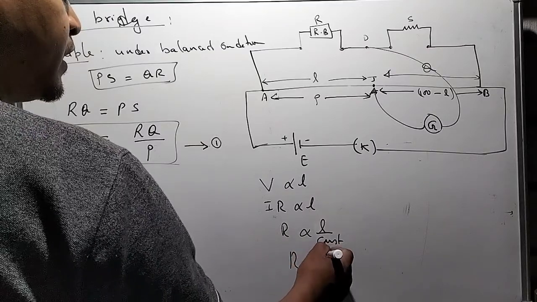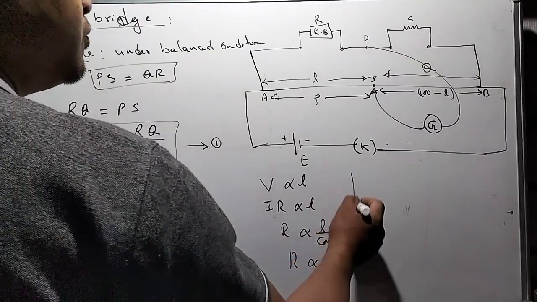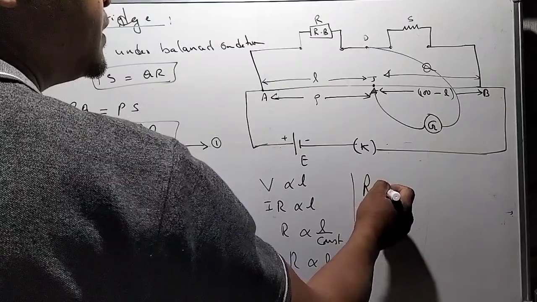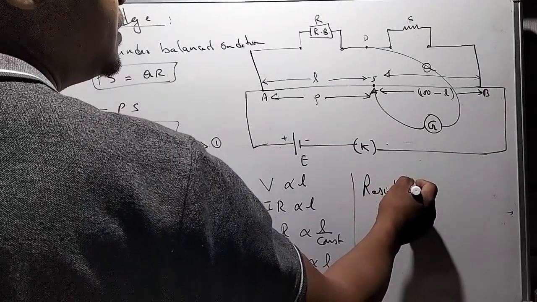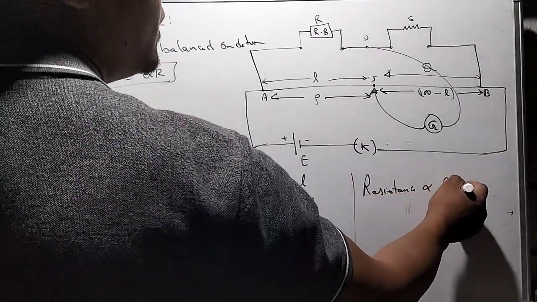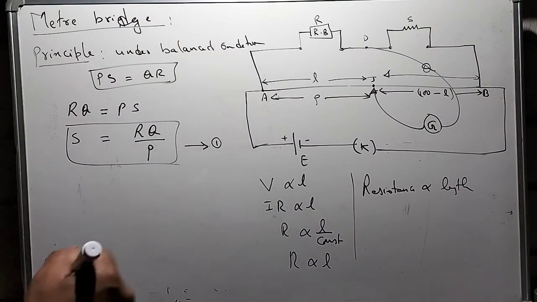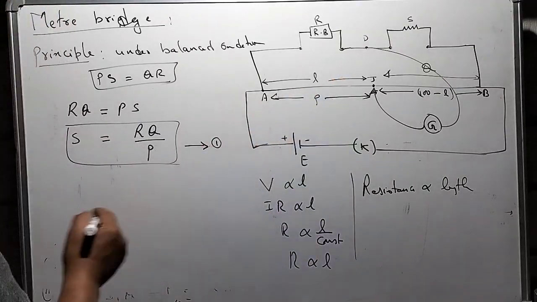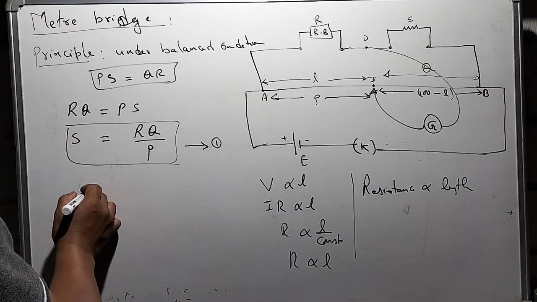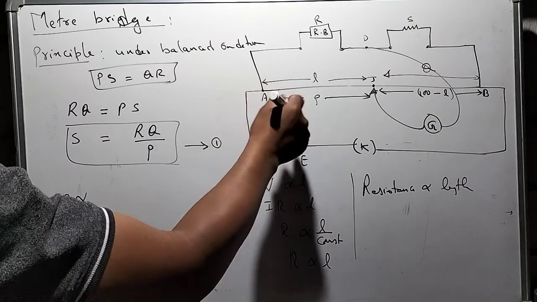So I will write R is directly proportional to L, which means the resistance is directly proportional to the length of the wire. So if resistance is directly proportional to the length of the wire, it means that P is directly proportional to which length?